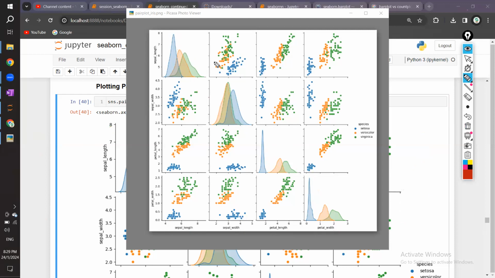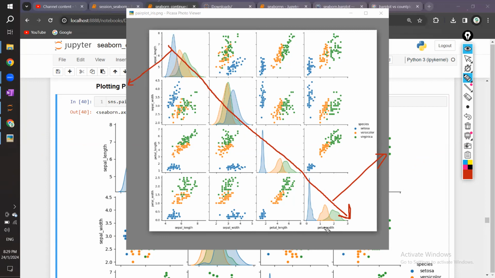And the third point is, once you have this diagonal, if you observe, the graphs above this diagonal are exactly the same as the graphs below this diagonal. Why?